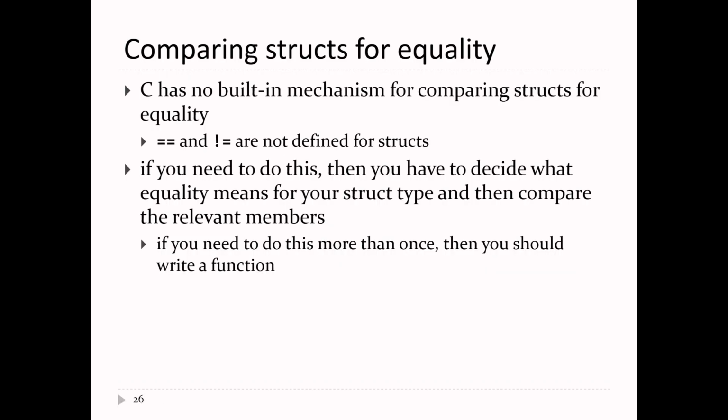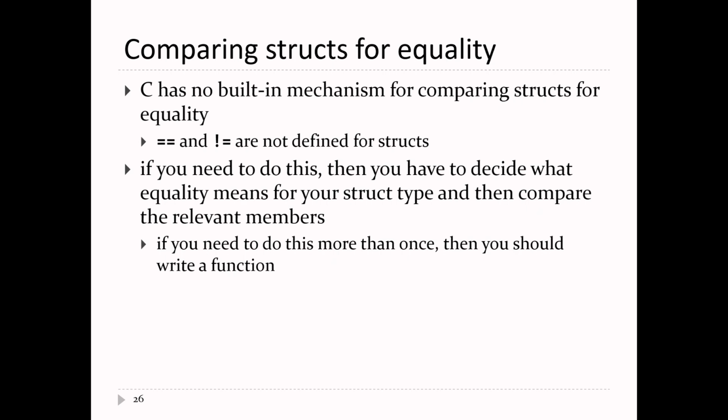Okay, comparing structures for equality. In Java, if you want to compare if two objects are equal, you override equals and then just use the equals method to compare two objects for equality. C doesn't have any built-in mechanism for comparing two structures for equality. So if you write equals equals or not equals to compare two struct objects, it's undefined; the compiler will flag it as an error.